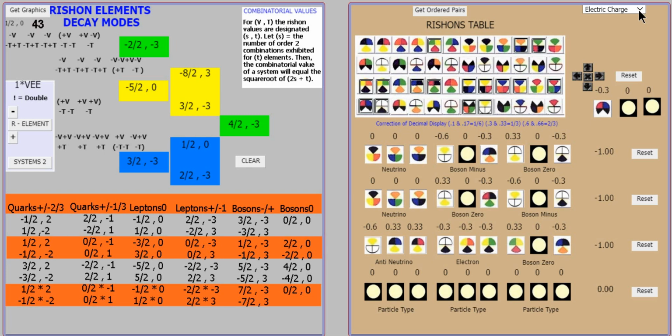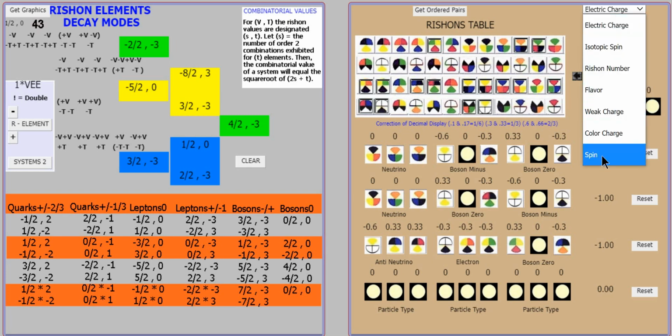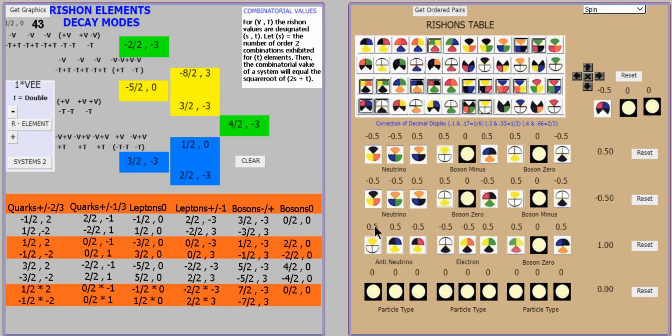Let's look at spin. Now, the spin on the neutrino, of course, remains; the neutrino part is -1/2. And the spin on the boson 0 here is actually 0.